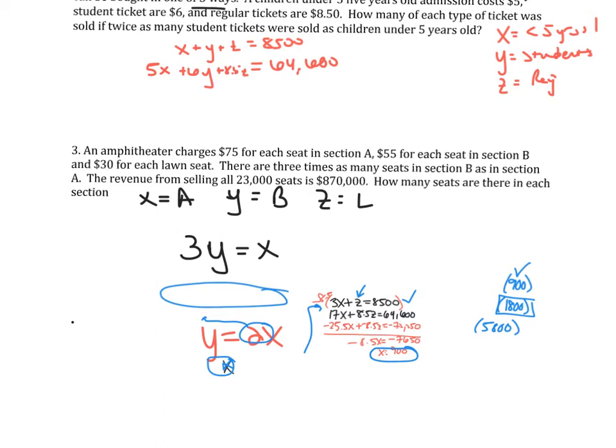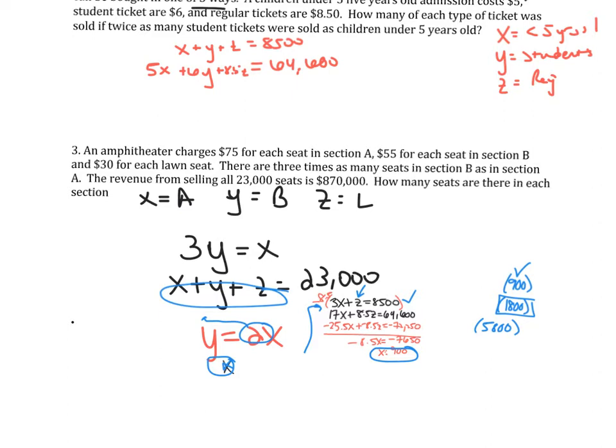Okay, so then the revenue from selling all 2,300 seats is $870,000. So that actually gives you both of the other equations, because they're saying that x plus y plus z is all the seats added together, and that's 23,000.